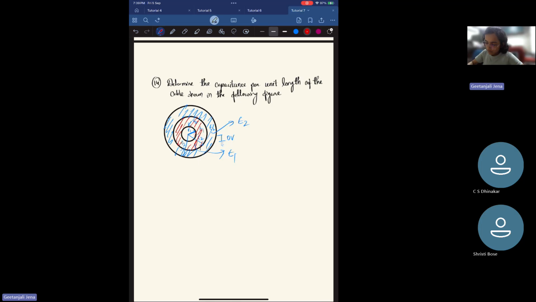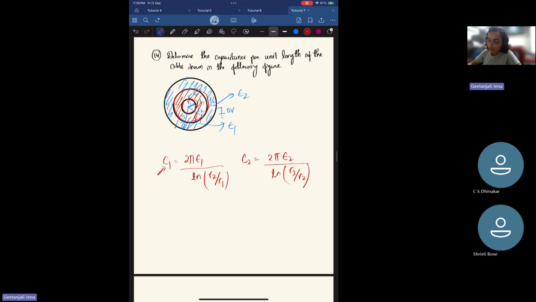So similar to before, for this inner one, you can write C1 is 2 pi epsilon 1 ln R2 by R1, right? For the outer one, you can write C2 is 2 pi epsilon 2 ln R3 by R2.